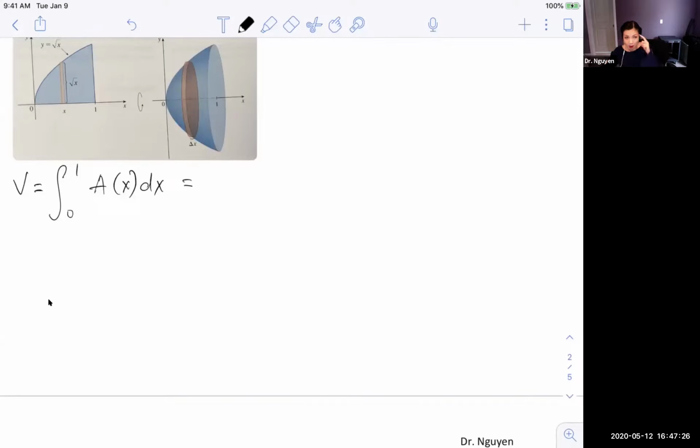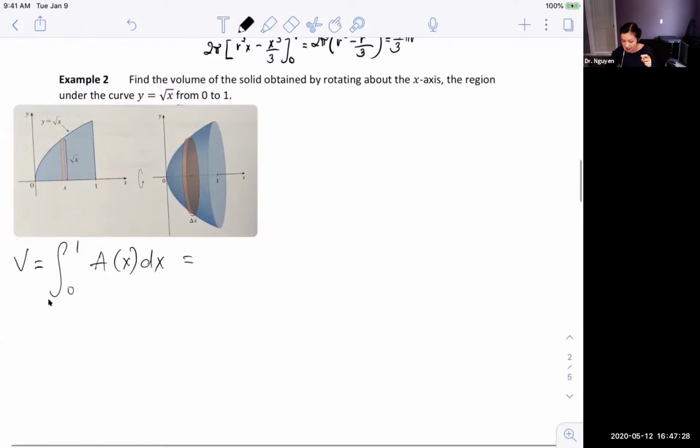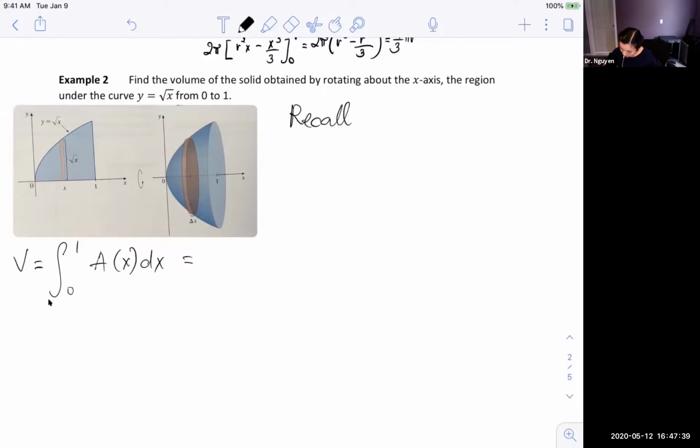Now, hopefully you recognize that the cross sections create a circle, right? So just recall the area of a circle is pi r squared.